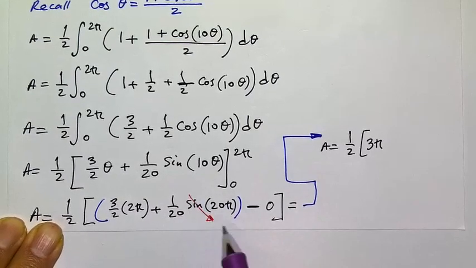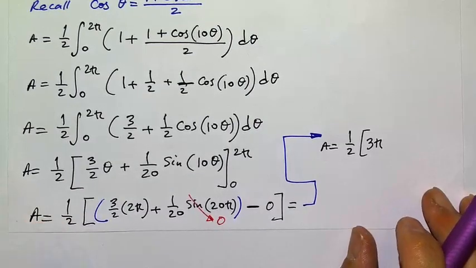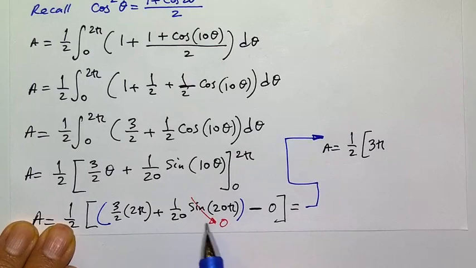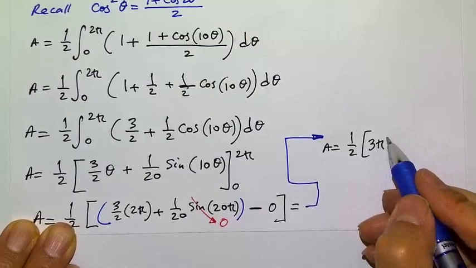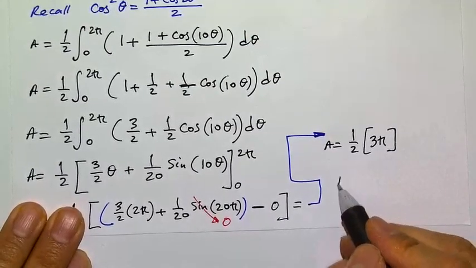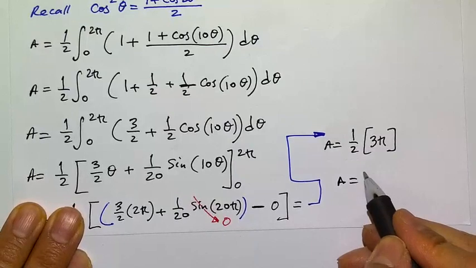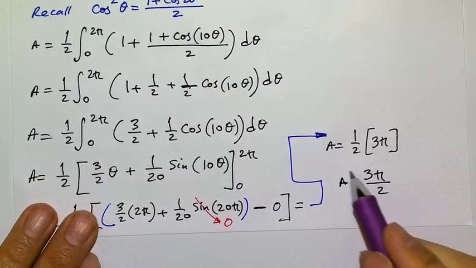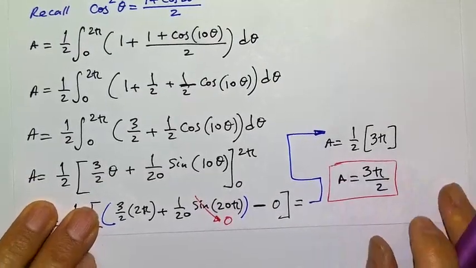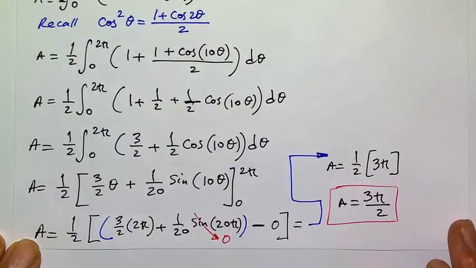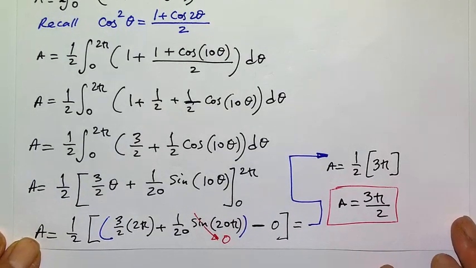So that just goes back to theta equals 0, which sine of 0 is equal to 0. Okay, so in the end, we end up with area equals 3 pi over 2. Again, I hope this matches what you worked out on your own before you watched this video.